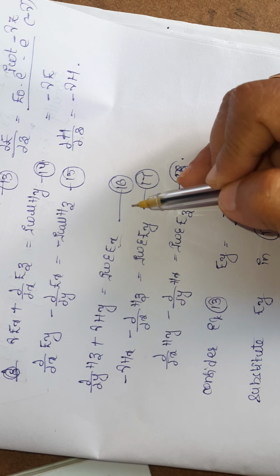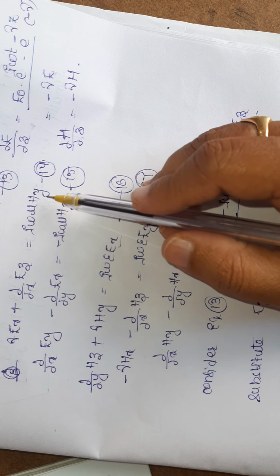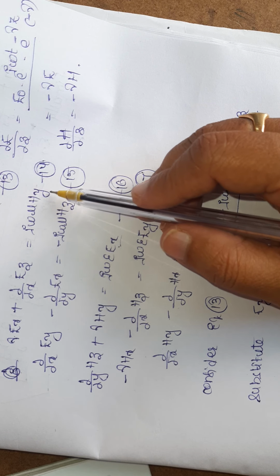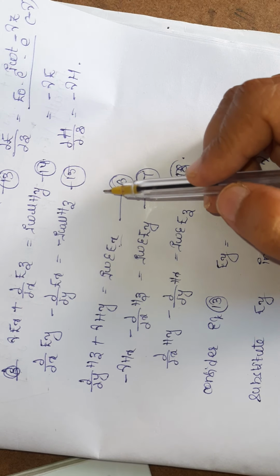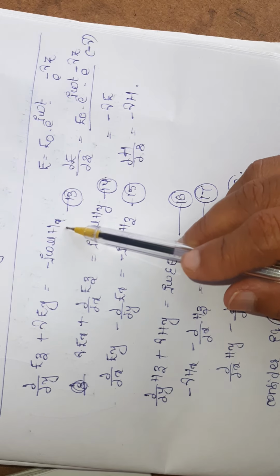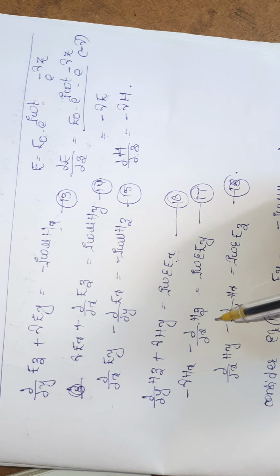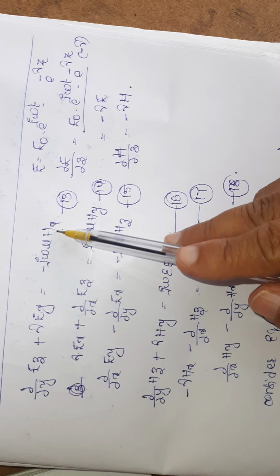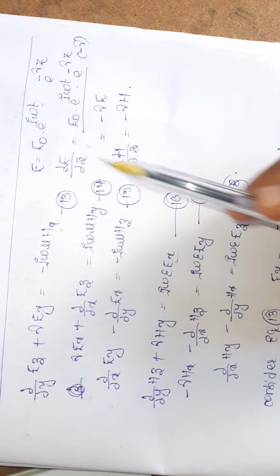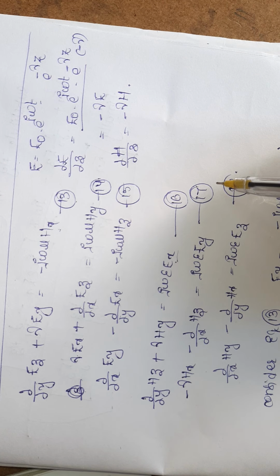Consider 16th equation, write down the expression for Ex and substitute in 14, you will get Hy. Similarly, to get Ey, consider the equation 13 and write down the expression for Hx and substitute this equation in 17. Then you will get the expression for Ey.